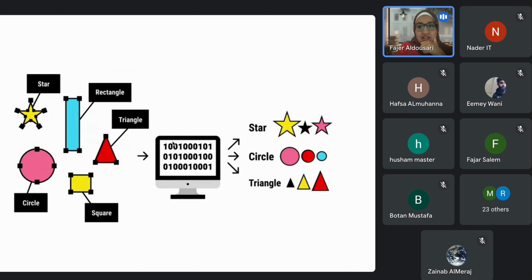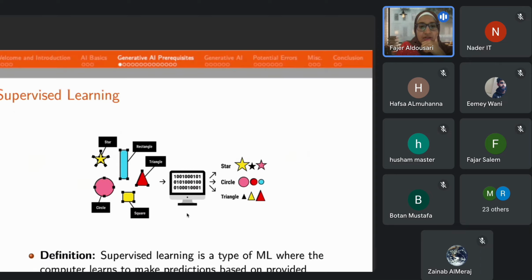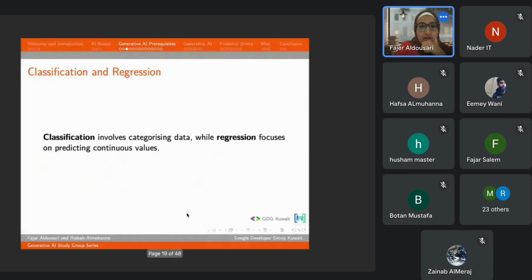It classifies the data into different groups depending on what it is. The other type of program is regression, which focuses on predicting continuous values. You'll see what I mean in a minute.